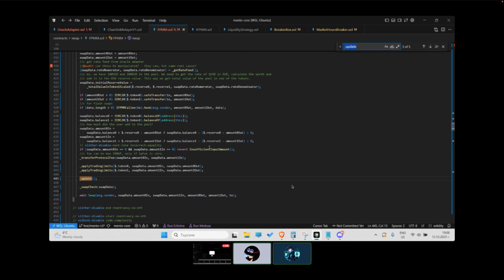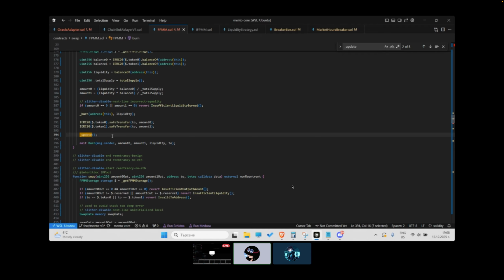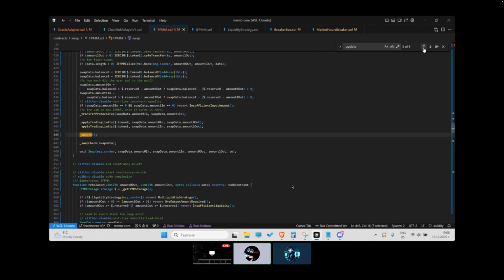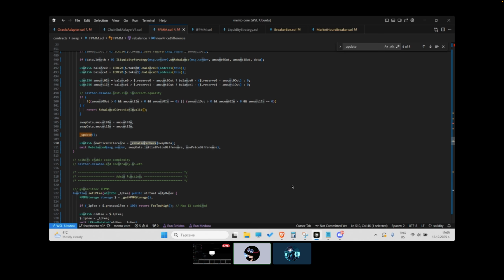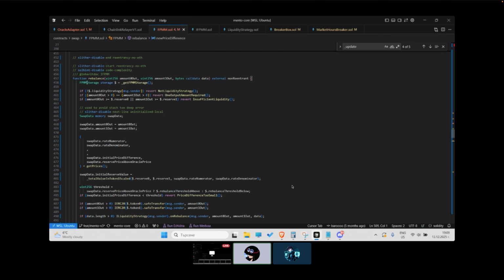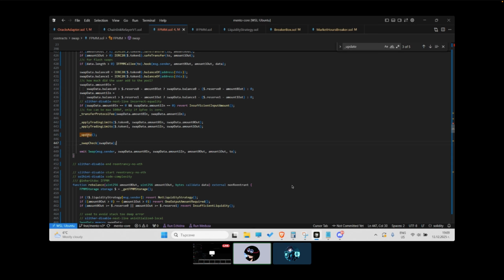I went through the functions where update is called, and pretty much it's called at the end of each function. Only here there's a swap check, and I think the rebalancing thing has another check. Yep, and the rebalancing thing is also a new thing, right? Yeah. Okay, so show me what this update looks like.